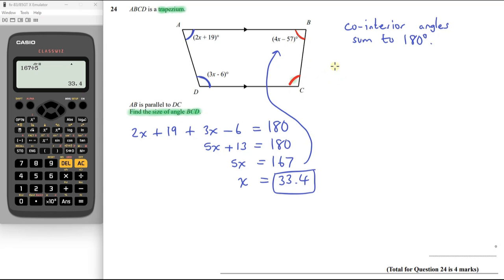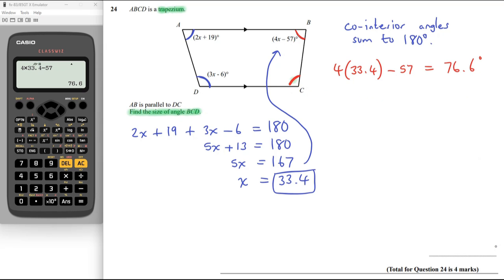It's going to be 4 times x, which we just worked out is 33.4, minus 57. Let's put that into the calculator: 4 times 33.4 minus 57, and we get 76.6 degrees.